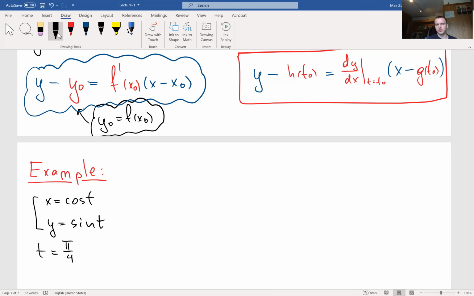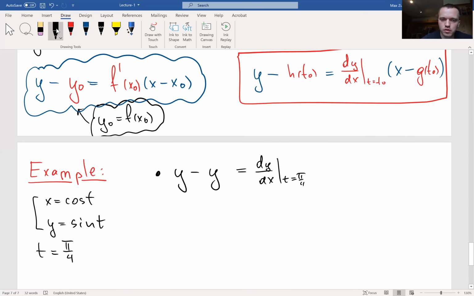So first, I'm going to rewrite this equation in the following form as y minus y at pi over 4 is equal to dy over dx at t equals pi over 4, times x minus x at pi over 4.